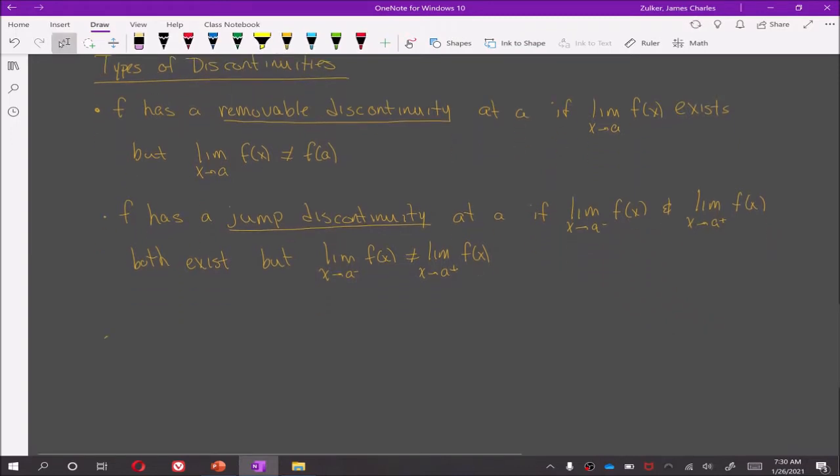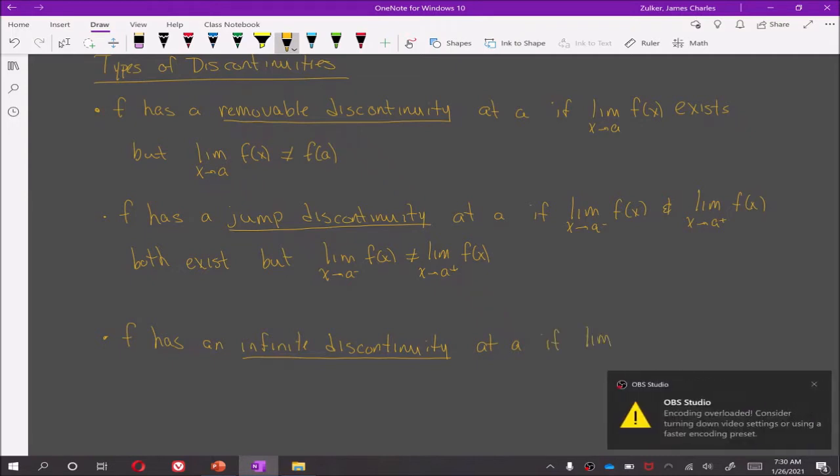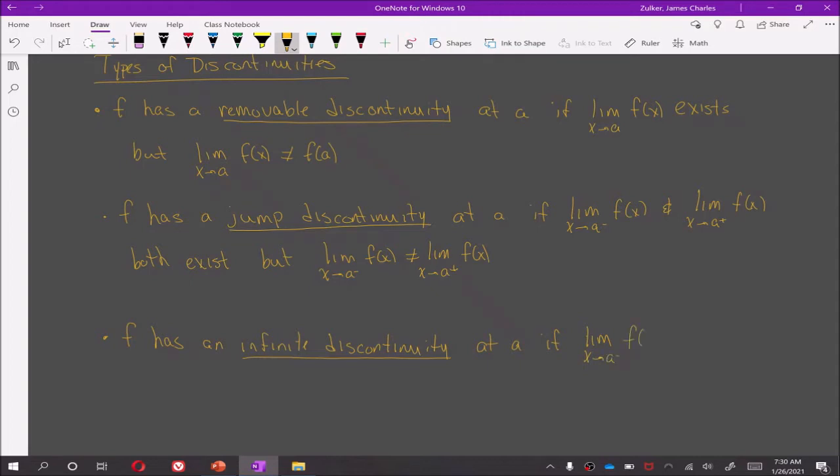Finally, f has an infinite discontinuity at a if one of the one-sided limits is infinite.